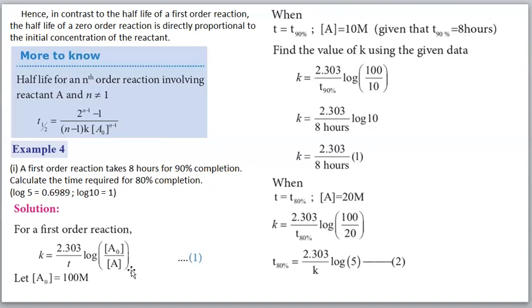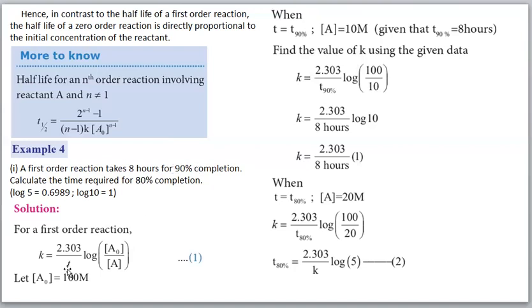So let A0 concentration equal 100 molarity. Here, the time taken for 90% completion is 8 hours. 90% completion means how much substance remains? 100 minus 90, that is 10% remains. The remaining quantity is only 10%.